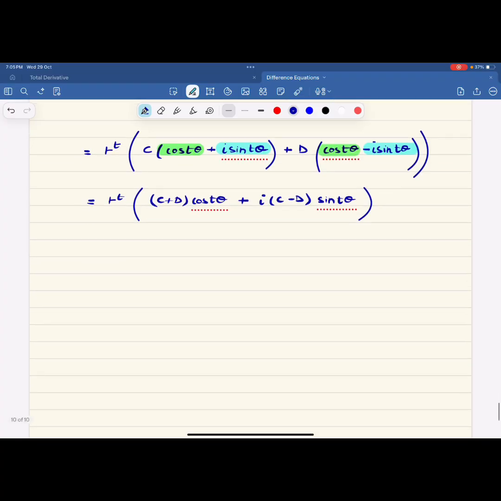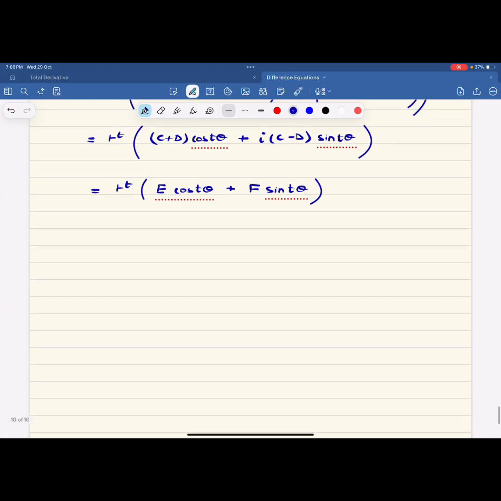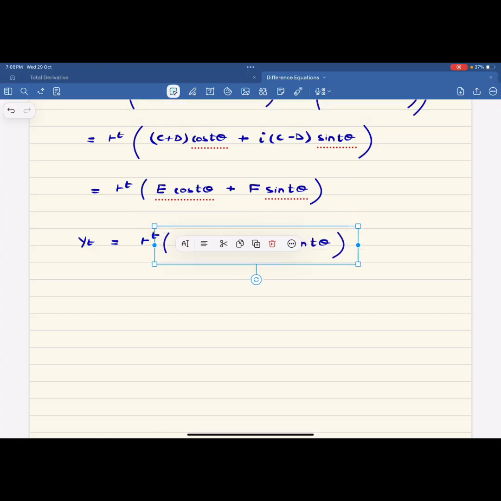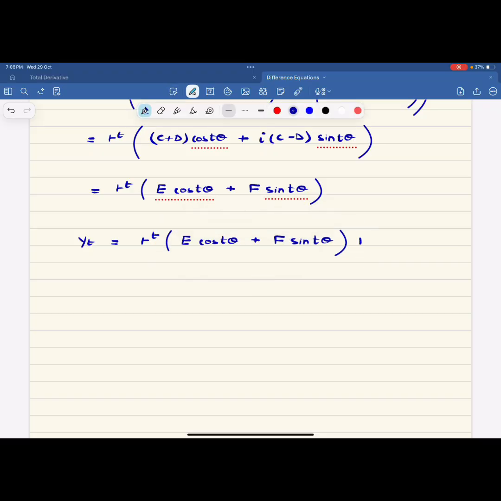Therefore, I can say that these are some numbers. I can say this is E cos tθ plus F sin tθ. So the overall final solution becomes r^t times this, plus the particular solution.